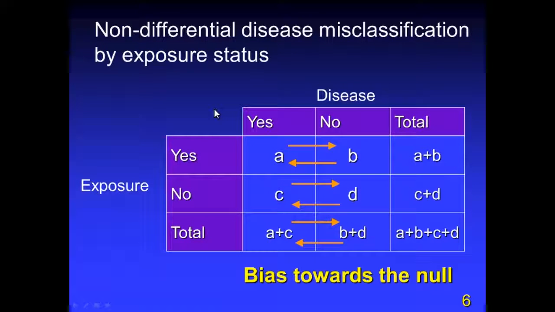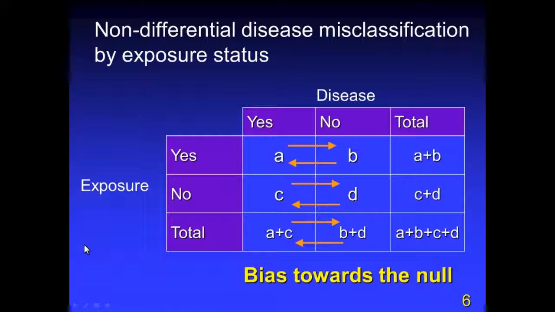So the general implications of misclassifying disease status, non-differential by exposure status: basically you see people who should be in A being put in B and B being put in A. So there's a fuzzing up among the exposed group, and there's a similar sort of mixing up in the unexposed group.